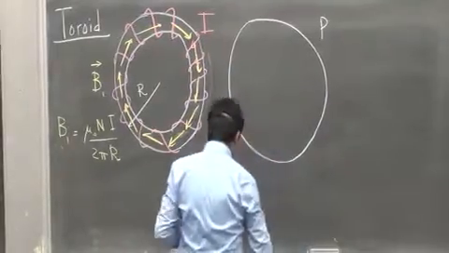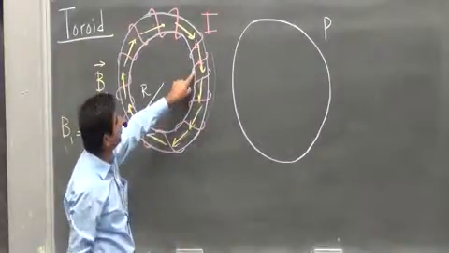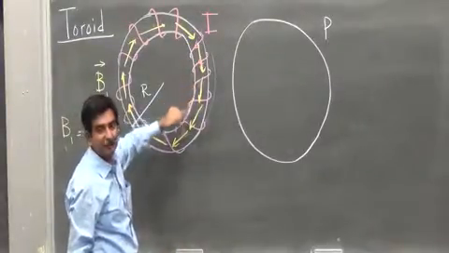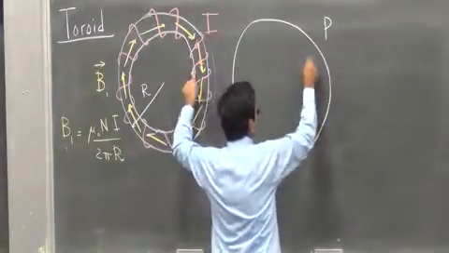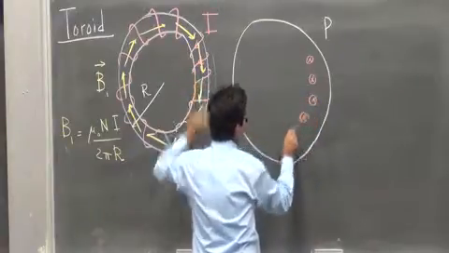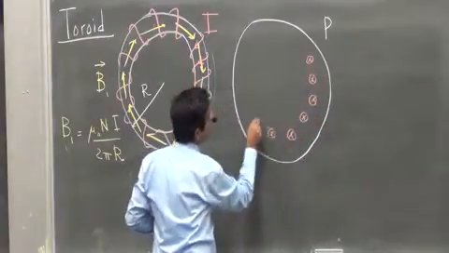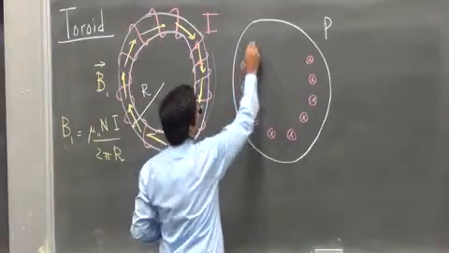The current that I am taking is now the current that flows in these solenoidal wires. So there is a current that is going in here, and a current that is going in here, and a current that is going in here, and all of these are conduction currents, ICs. There is no displacement current.